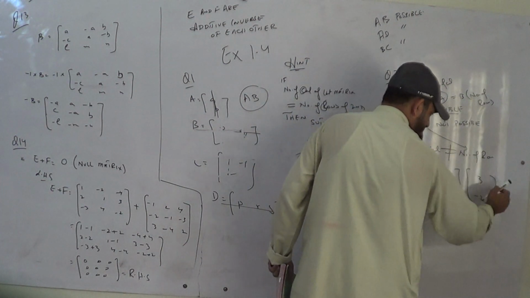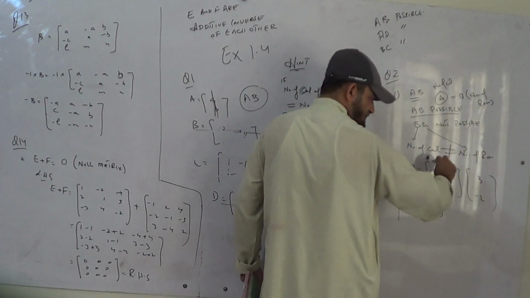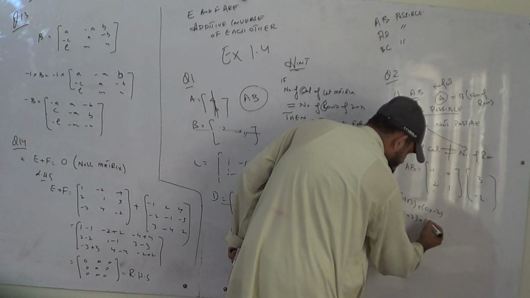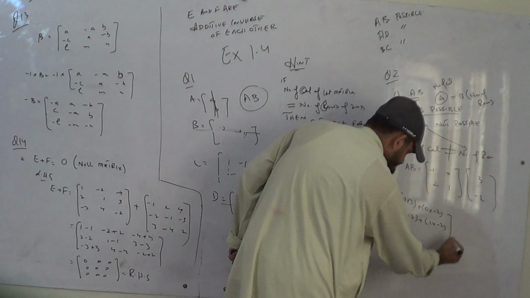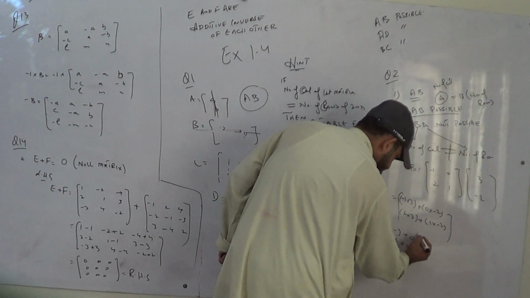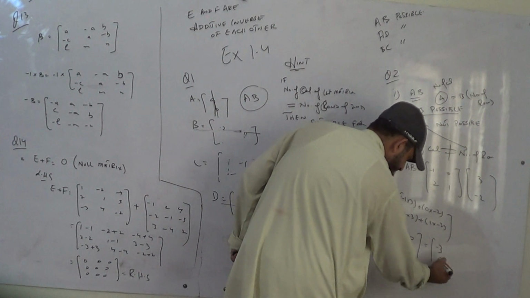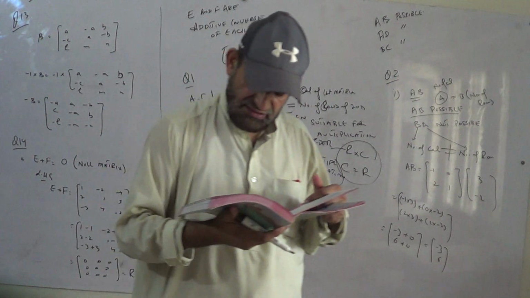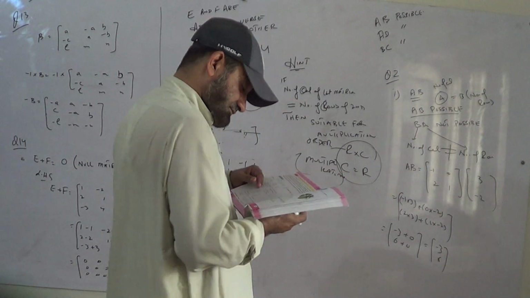First row on the second column is not there. Then second row on the first column: 2 multiplied by 3 plus 1 multiplied by minus 2. Minus 3 plus 0, 6 minus 2, gives minus 3 and 4.